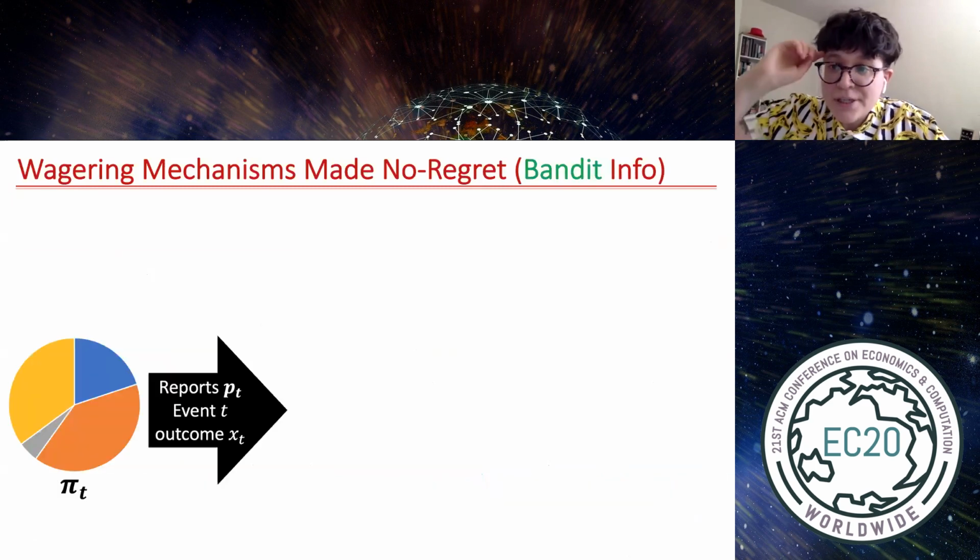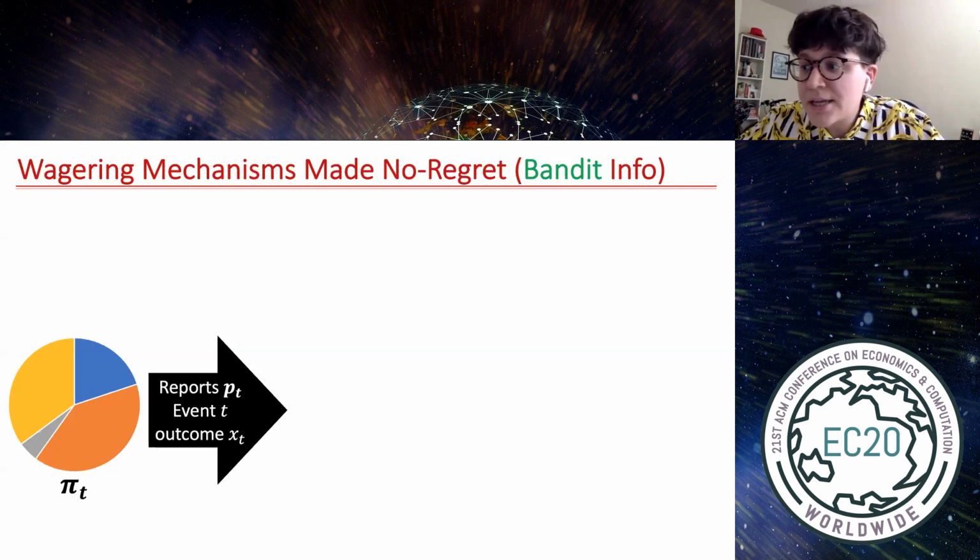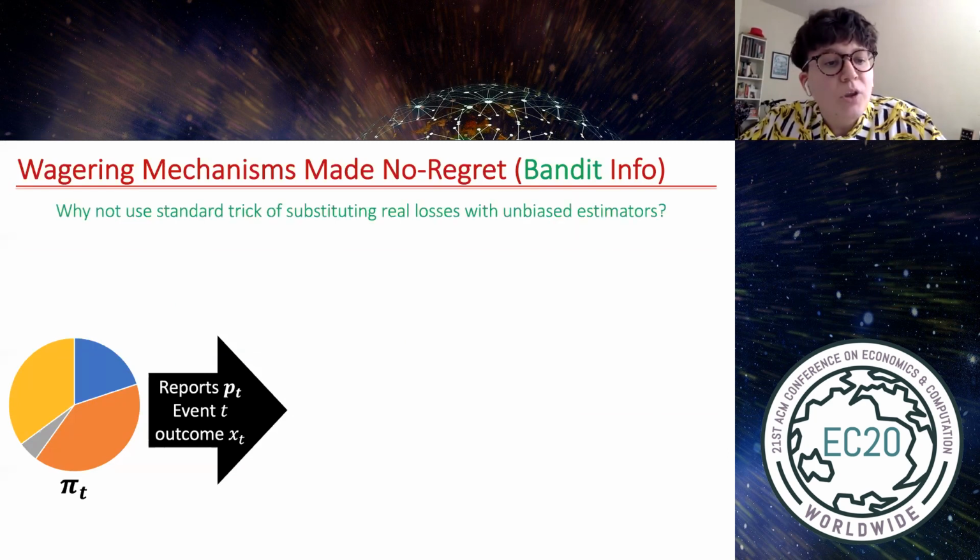And as promised, I wanted to give you a hint about the Bandit case. Again, the question we should always ask ourselves when we embark on strategic learning settings is, why not use the standard trick of substituting the real losses with unbiased estimators? Nika talked to you about this trick yesterday when she was introducing the Bandit settings.